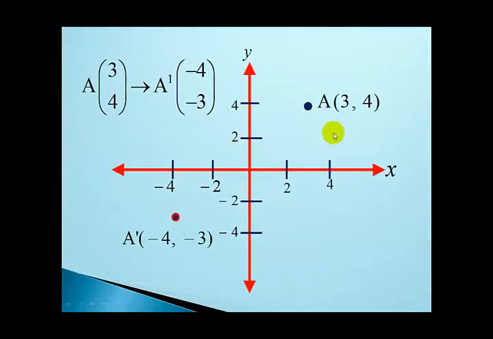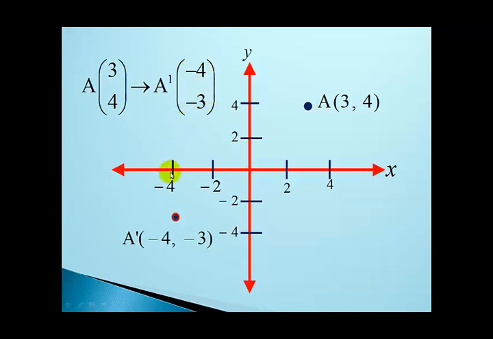So from the graph, the coordinate of the point A is 3, 4. We have 3 on the x-axis and 4 on the y-axis. Now A, 3, 4 maps to A prime, minus 4, minus 3. Minus 4 is the x-coordinate and minus 3 is the y-coordinate.